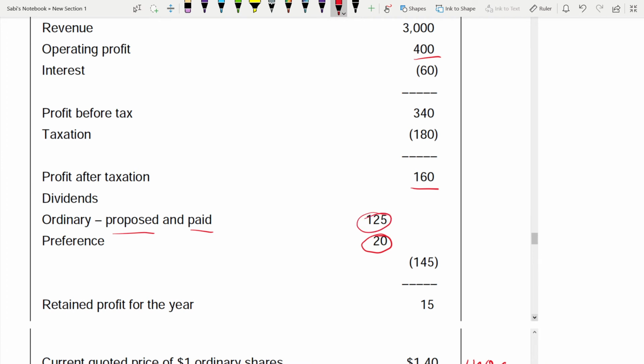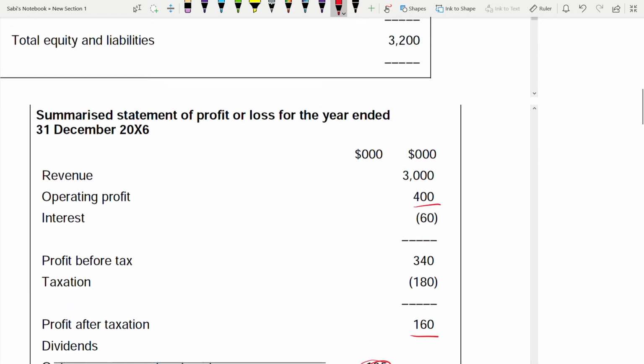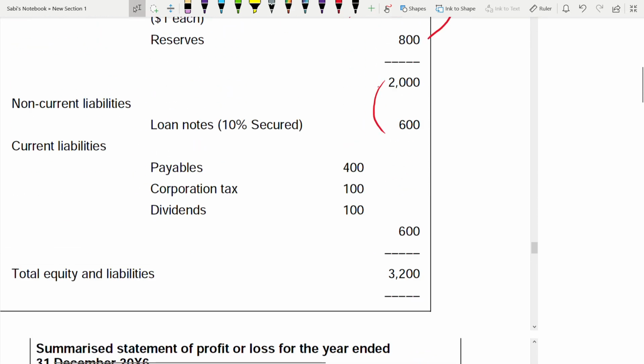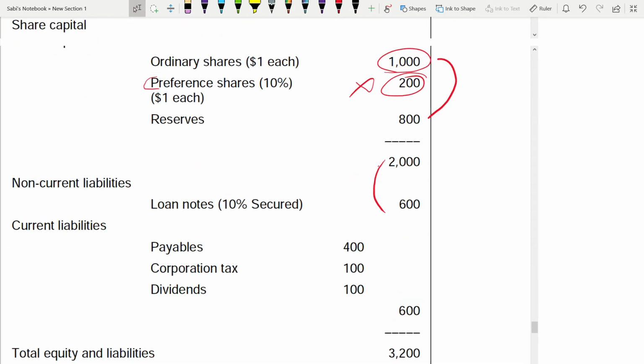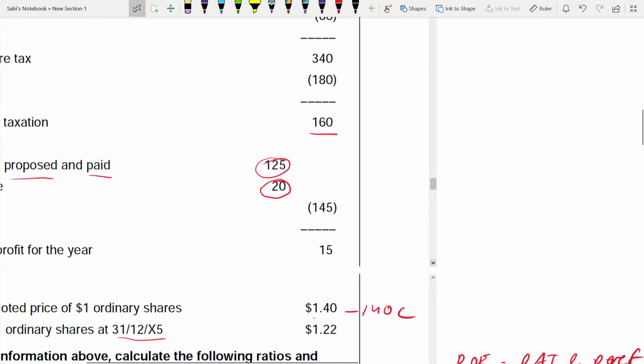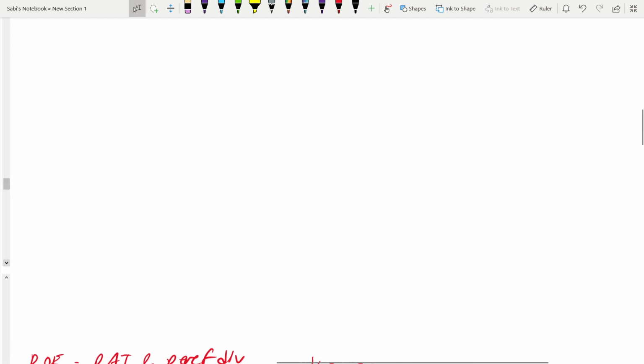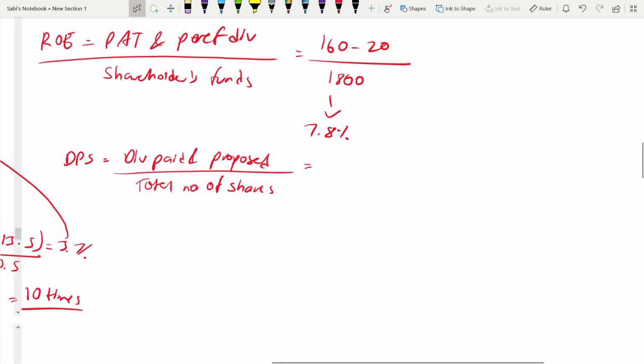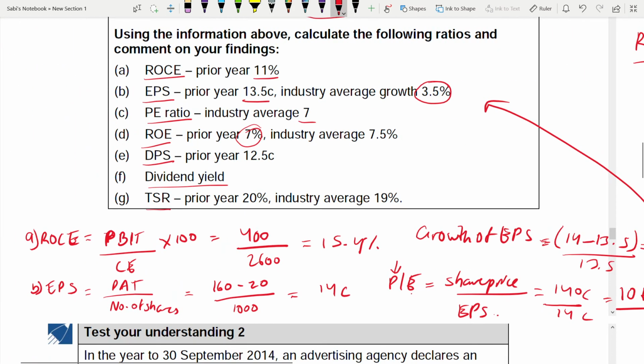Okay, total number of shares issued is here 1000. So it is 125 divided by 1000. It will be in what? Cents. 12.5 cents. If you see here DPS, it is 12.5.